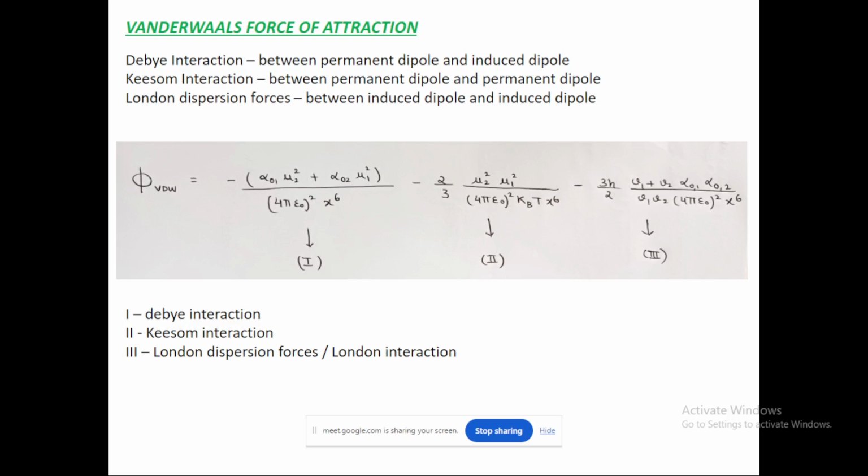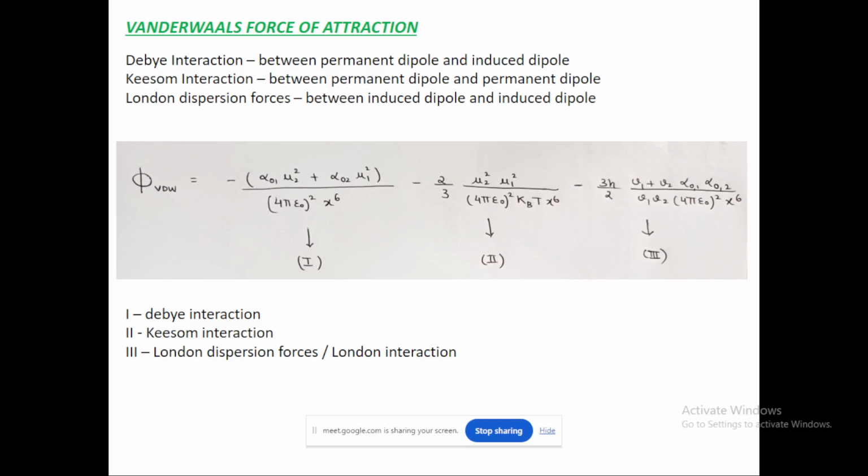Because of the increase in strength only, even though the colloidal particles are separated up to a greater distance like 10 nanometers, they are still able to interact, whereas that is not possible in the case of atoms or molecules. So can you explain why the strength of the van der Waals forces of interaction in the case of colloidal particles is greater than that in the case of atoms and molecules?